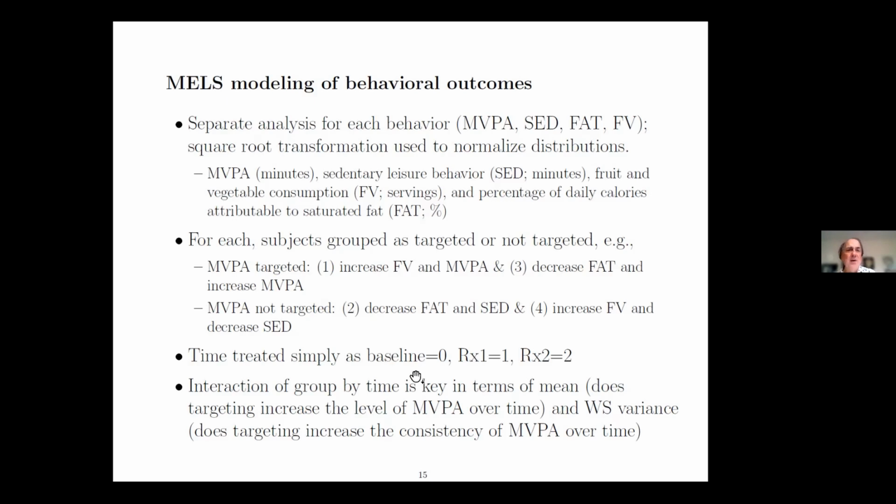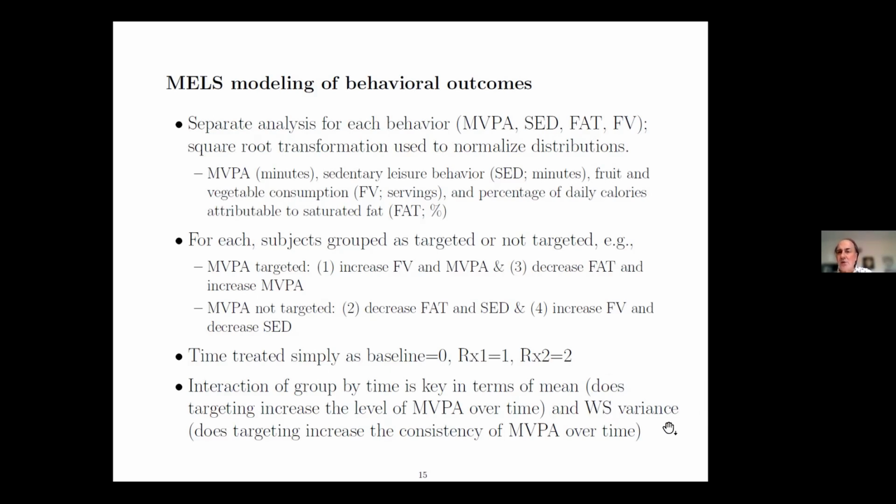Now, time I'm going to use here in a very simplistic way. Just look at it as a linear effect across these 3 time periods, coded 0, 1, and 2. And so here in particular, what's of greatest interest is the group by time interaction. So does targeting the behavior change the response across these 3 time periods, both in terms of the mean and also especially in terms of the within subject variance?